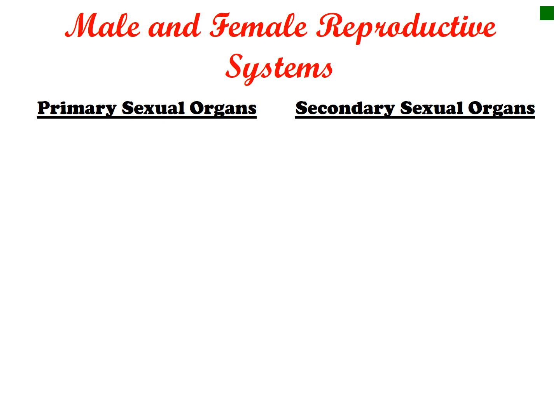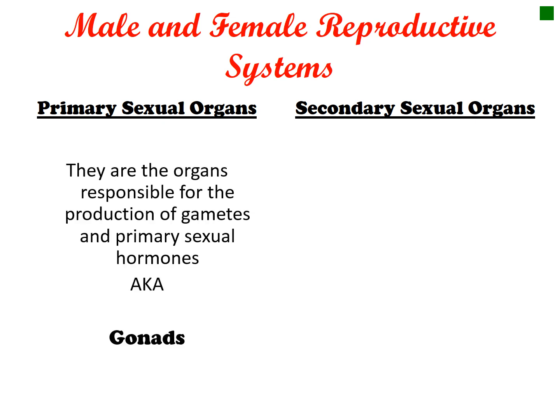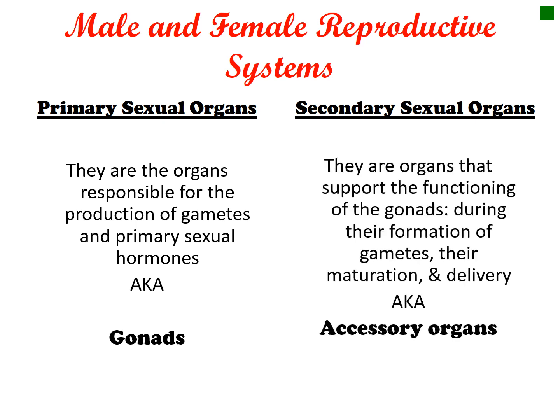We have primary sexual organs and secondary sexual organs. Primary sexual organs are the organs responsible for the production of the gametes and primary sexual hormones, also known as gonads. Secondary sexual organs are the organs that support the functioning of the gonads and the formation of gametes, their maturation and delivery.